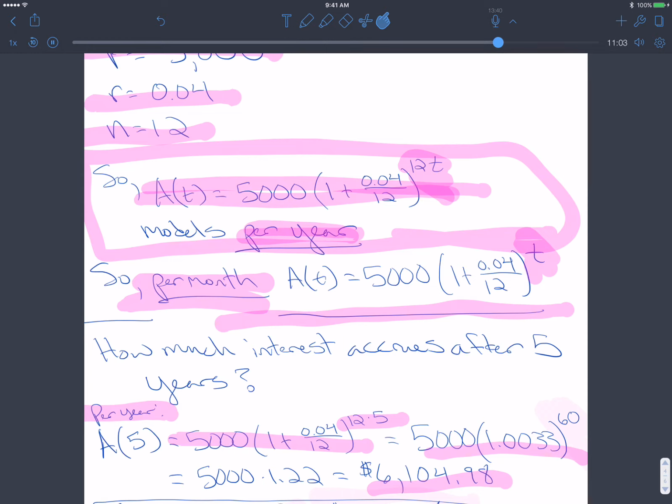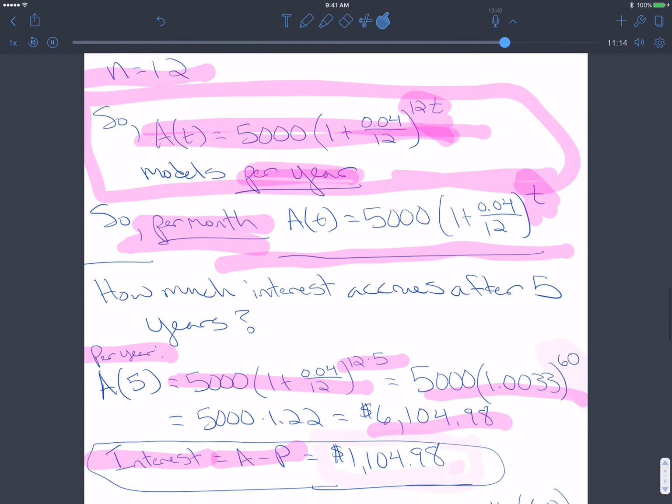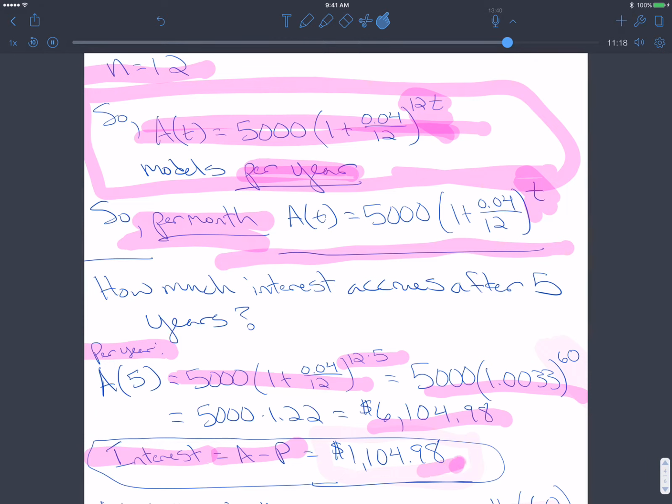Remember what I said? This is the principal plus the interest. This is not just the interest. So your interest is found by subtracting P from A, your principal balance, which leaves you with about $1,104.98 in interest from that accrual over those 5 years.